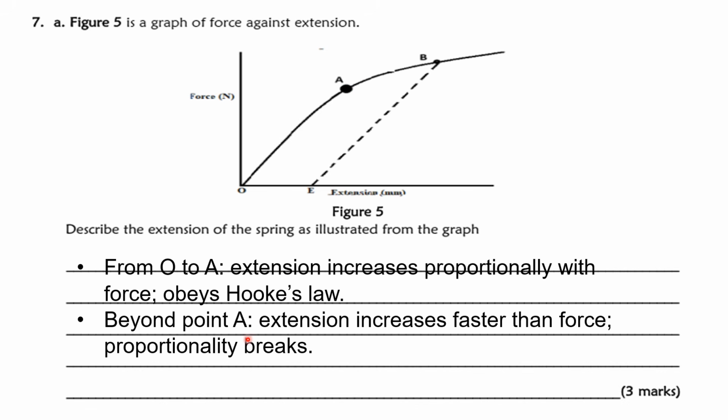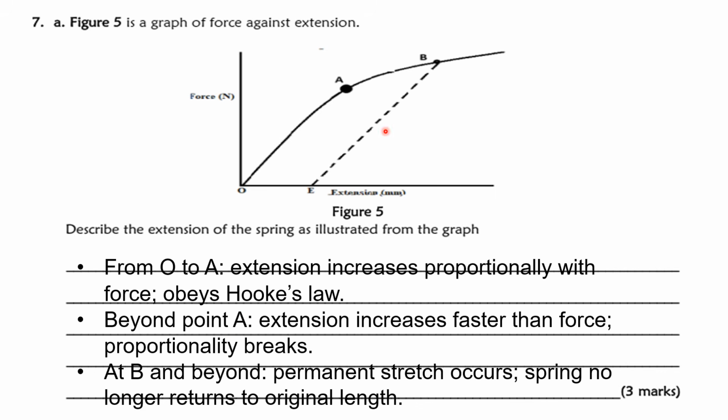So Hooke's law is lost beyond this point, because the graph is no longer a straight line. And then at B and beyond that, the spring is stretched permanently, and it will no longer return to its original length. These are the 3 points that we need to obtain from this graph.